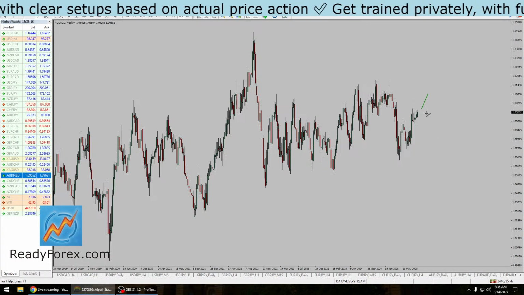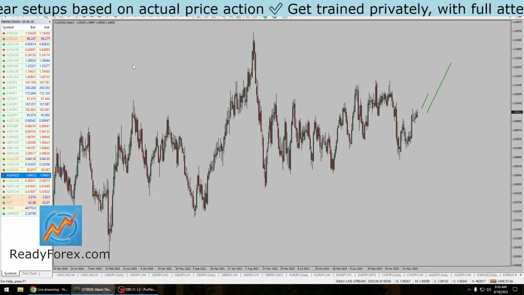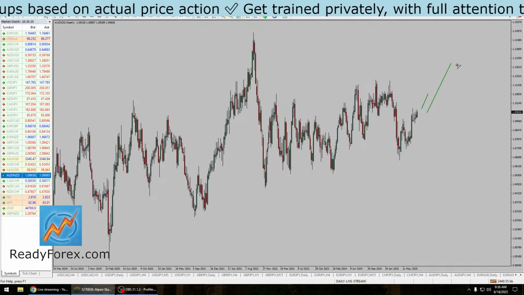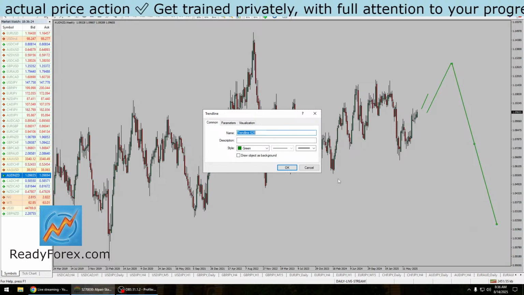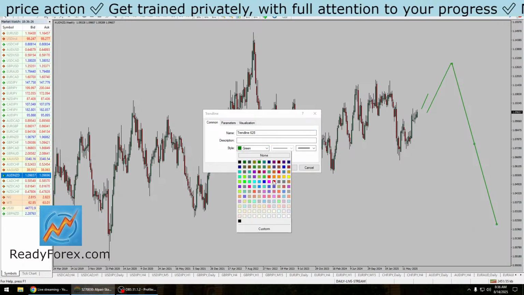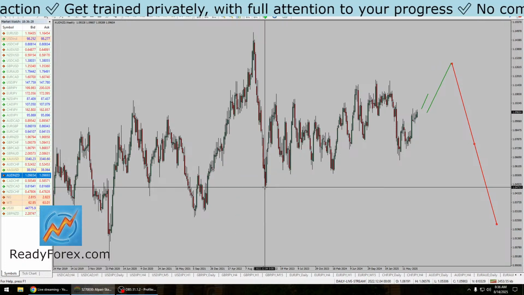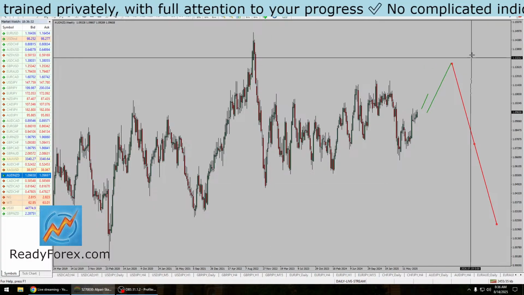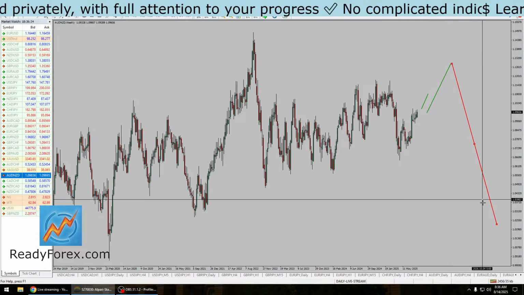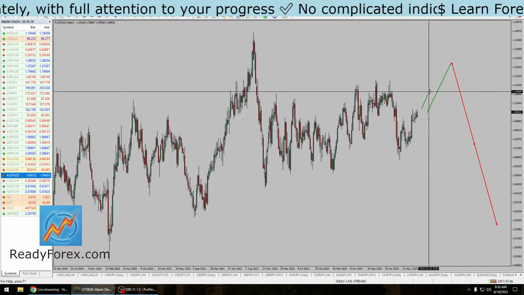Maybe the market is going to rise up a little bit more, but then overall the AUD versus NZD pair is probably going to drop. So in terms of Elliott wave, this is basically wave A, expect wave B, and then wave C.